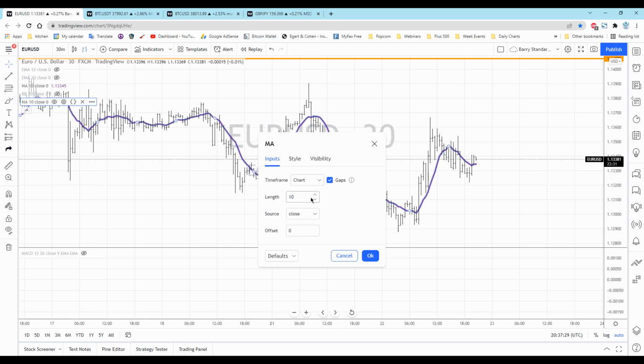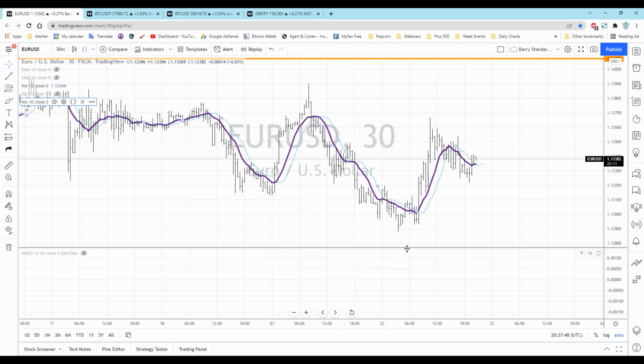Okay. What a DMA does, it uses what we call an offset. Okay. It has got nothing to do with the calculations. What it has to do with is where it's putting the dot on your chart. Now, for me, I use a 3-period offset. Again, it doesn't change our calculations one drop.